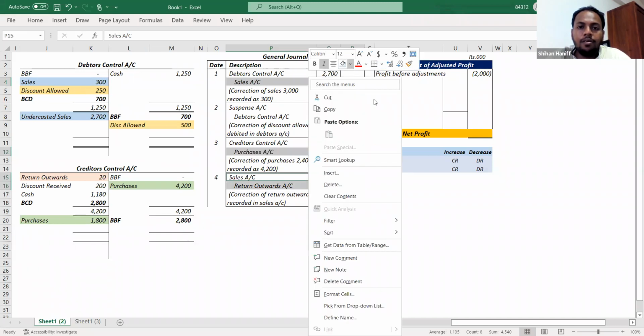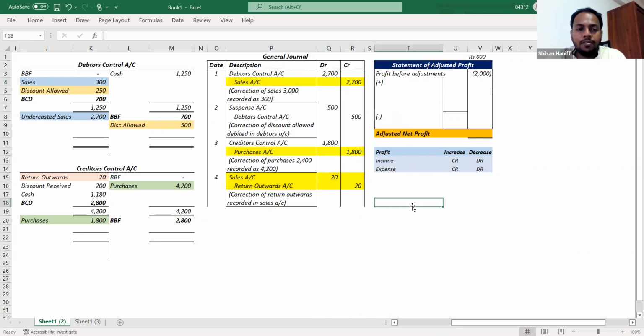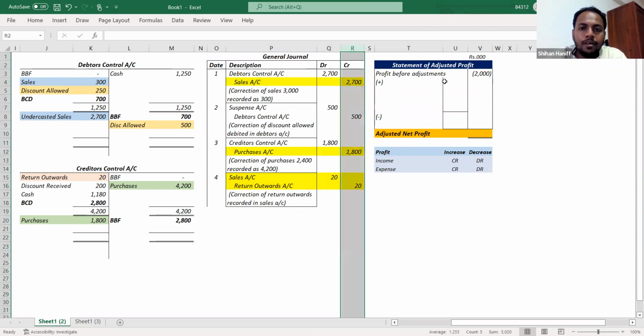These are the accounts which will affect the profits. Whatever I have highlighted in yellow, these accounts will affect the profits. Then credit items are plus, debit items, there is only one debit, that is minus.